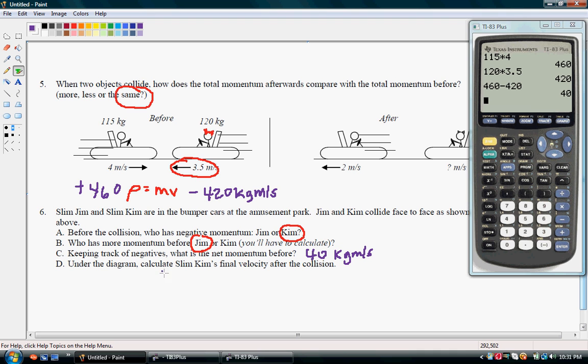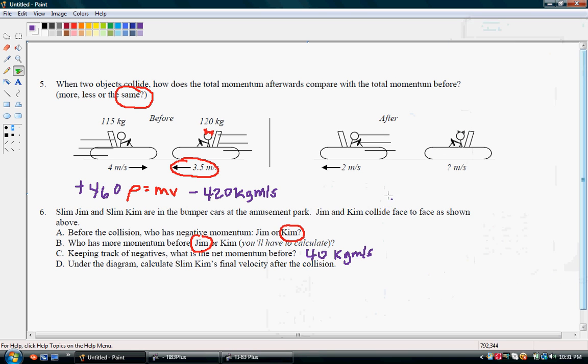Alright. Under the diagram, calculate Slim Kim's final velocity after the collision. So before we have a net momentum of 40 kilogram meters per second, and then we have the momentum of Jim afterwards and the momentum of Kim afterwards.